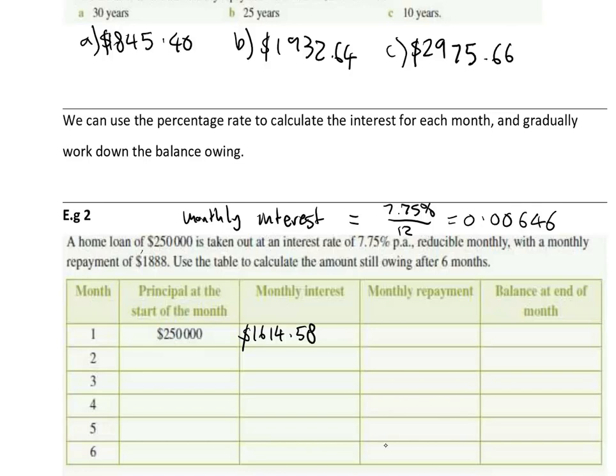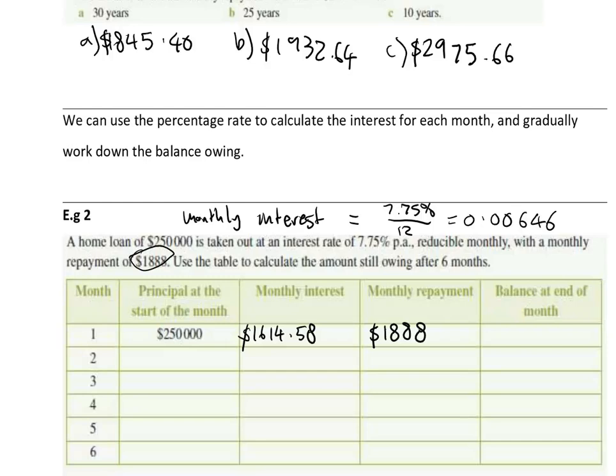Our monthly repayment is given here, so we are going to take away that amount. Now, your monthly repayment always has to be bigger than your monthly interest, otherwise you're going to end up having more to pay than less to pay at the end of the month.